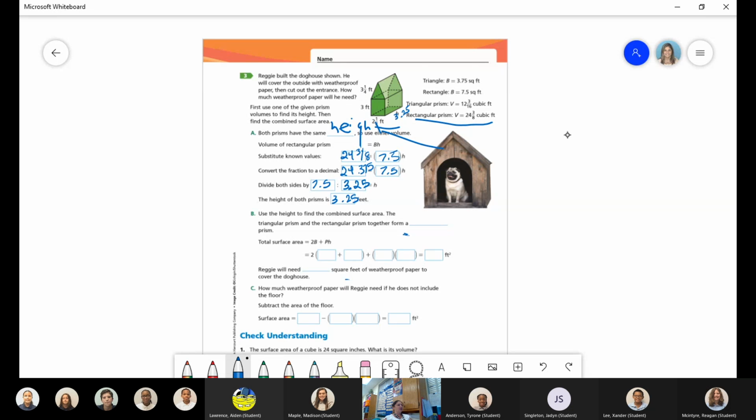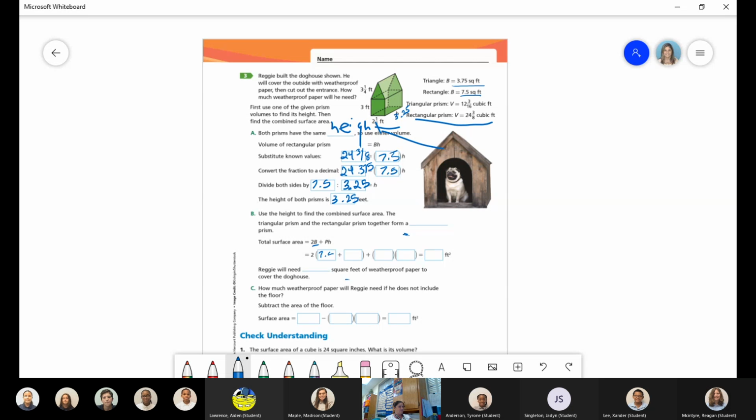All right, so now we're going to use the height to find the combined surface area of the triangular prism and the rectangle prism. So that means we're going to have two base areas and we'll have the perimeter of the whole faces. Okay, so the base area is 7.5 and 3.75.